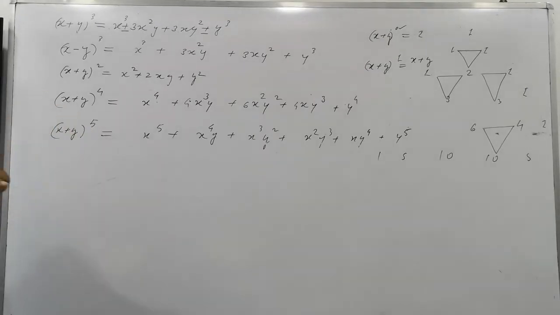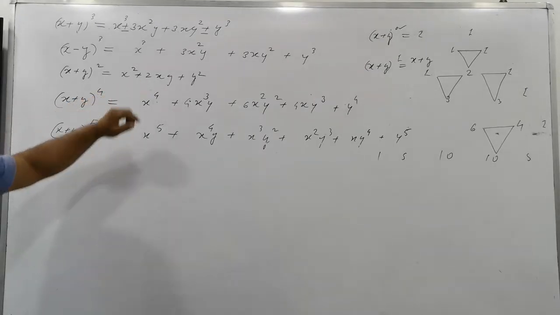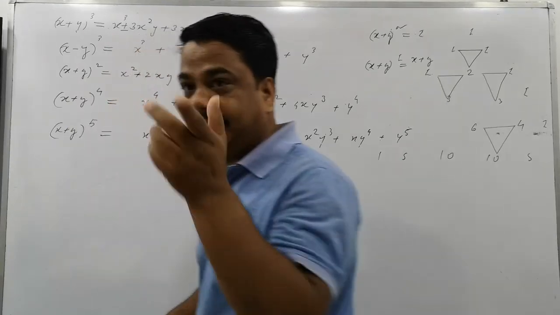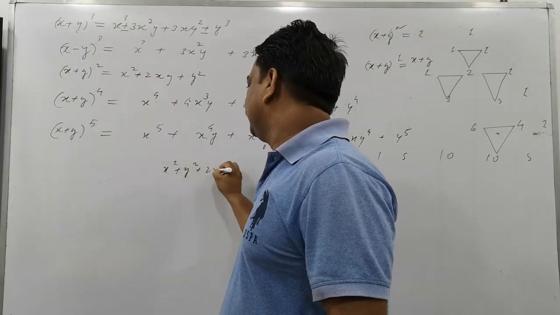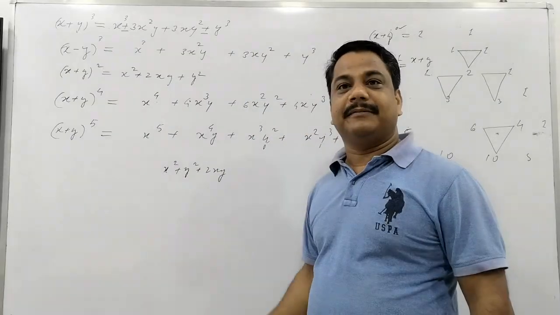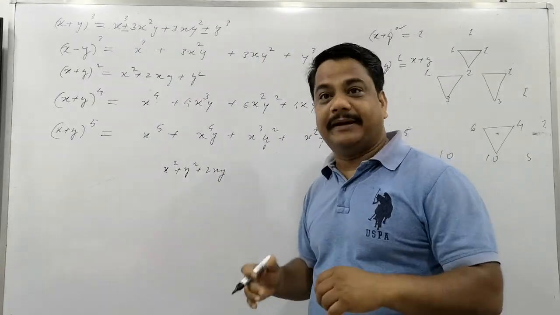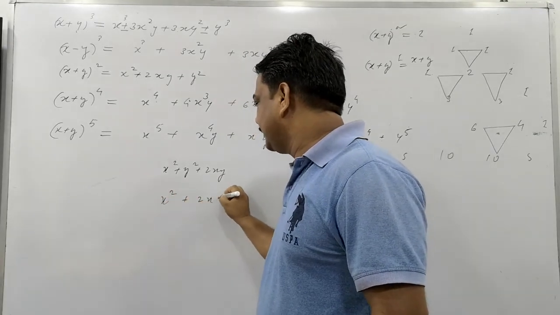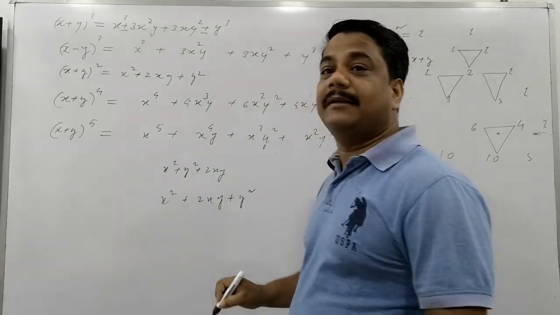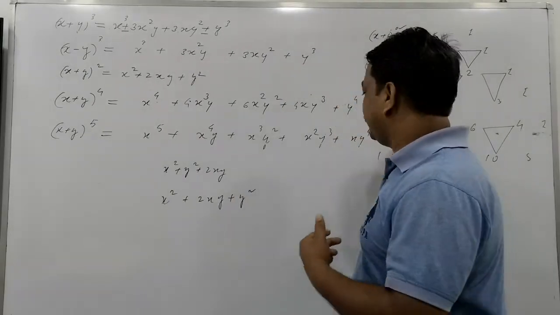So why don't I write it in the other manner? Sometimes some people write the expansion as x square plus y square plus 2xy. Why am I not writing in this manner? Because we just have to write in the pattern: x square and 2 times x y. This will help you when you study in the 11th class, when this pattern will come again.